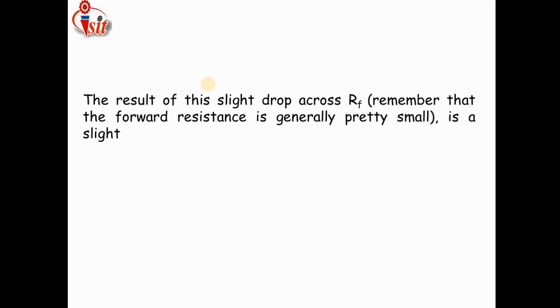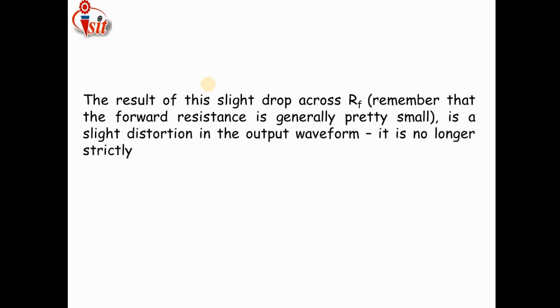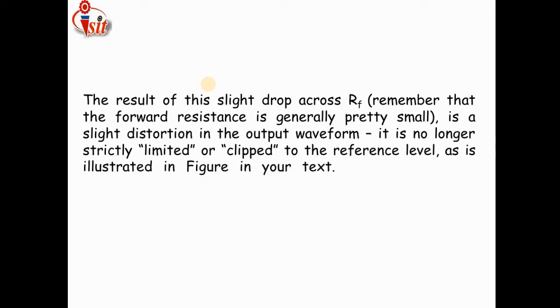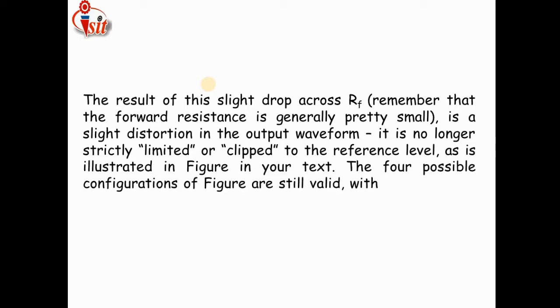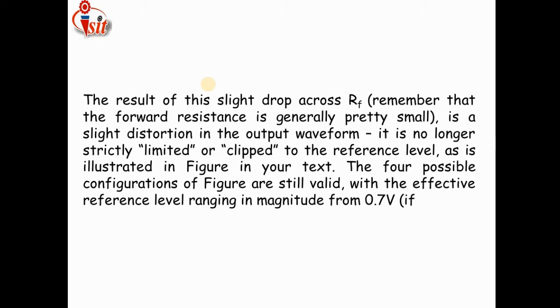Along with this, the result of this slight drop across RF, remember that the forward resistance is generally pretty small, is a slight distortion in the output waveform. It is no longer strictly limited or clipped to the reference level, as illustrated in the figure in the text.